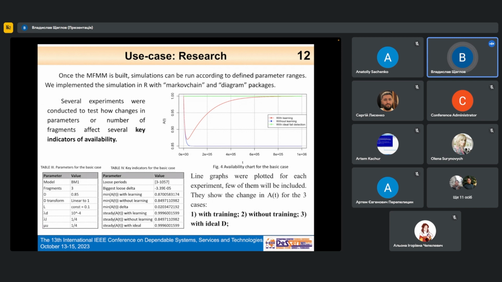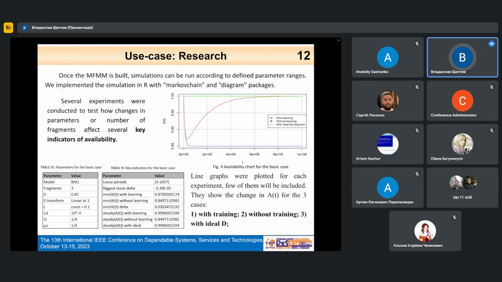Every single experiment was done in the scope of 3 cases, and that's why you can see 3 lines on this chart in figure 4. The cases are diagnostic means with training, without training, and when diagnostic means are ideal in terms of error detection. So these 2 tables and this figure represent the basic setup and basic case. That was the starting point for the rest of the experiments.